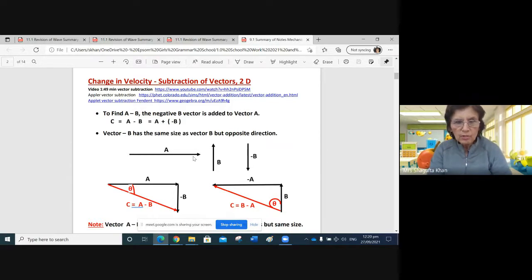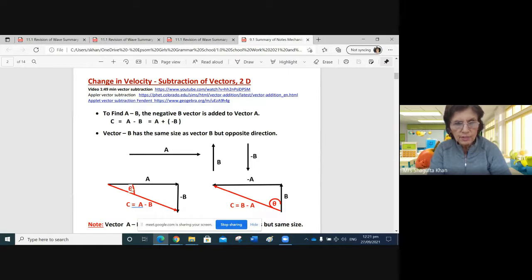Change in velocity is always final minus initial. So that means we need to draw a negative initial velocity. If this is the initial velocity, that will be the negative initial, same size, opposite direction. Then we draw the final velocity, add the negative initial velocity, and from the tail of the first to the head of the second, that will be the change in velocity.